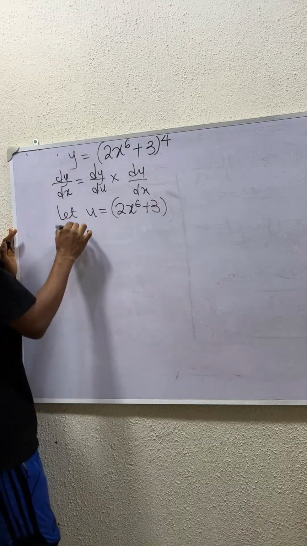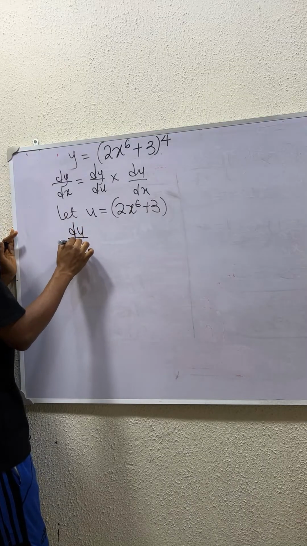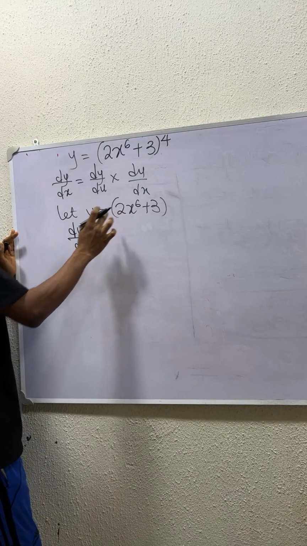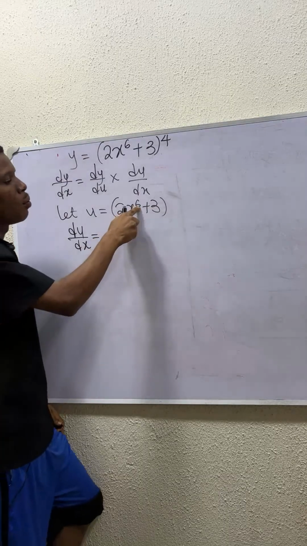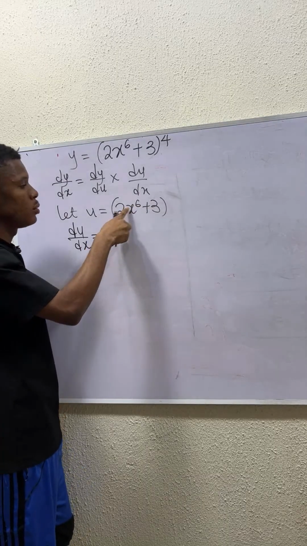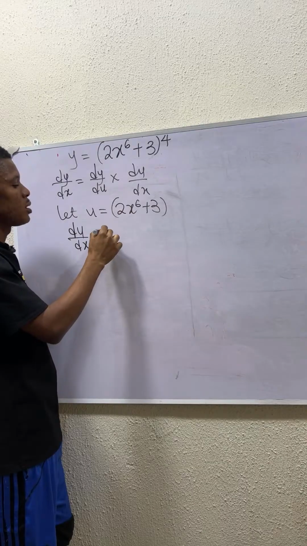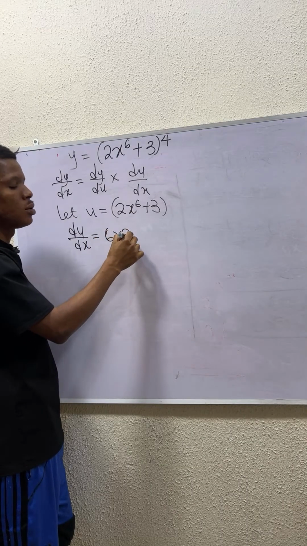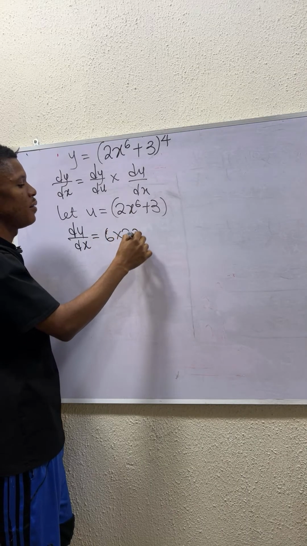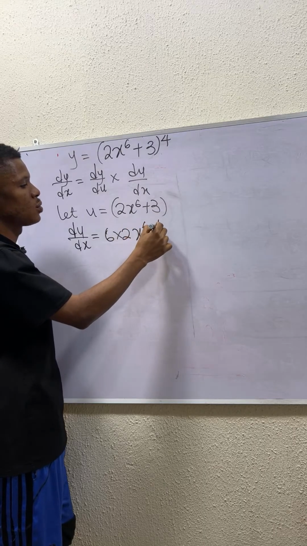Since we have this, we have to differentiate u with respect to x. We multiply the power of the variable to the constant. So you multiply 6 by 2, and you have x power 6 minus 1.